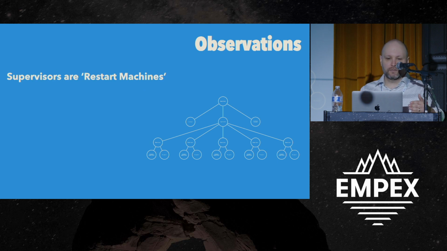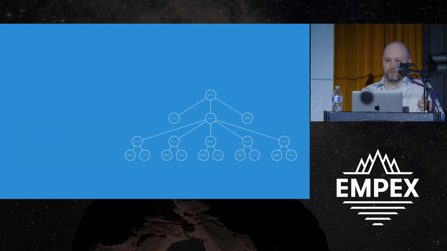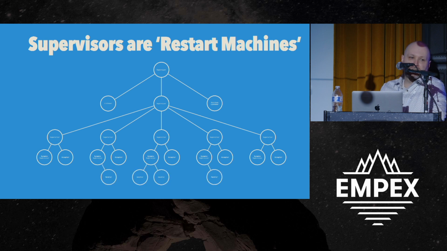So the last thing I want to talk about is how supervisors are kind of like restart machines, right? How they allow you to contain the blast radius of crashes. And we're going to do this by looking at some examples. So imagine that we've had this Thousand Island process tree running for a while, and we have, let's say, 4 client connections. So these are 4 currently connected clients. Let's say, unfortunately, this one here crashes.